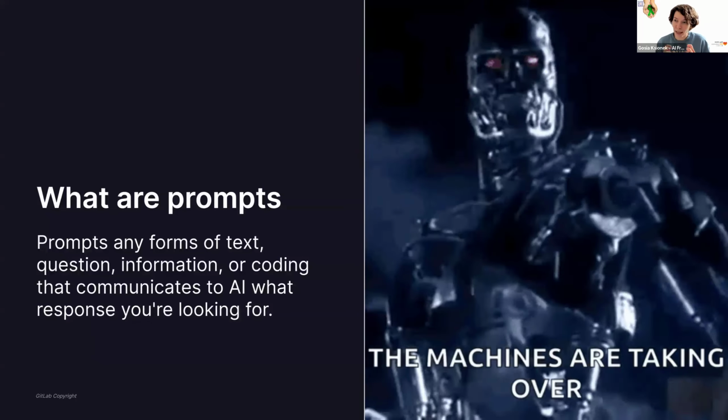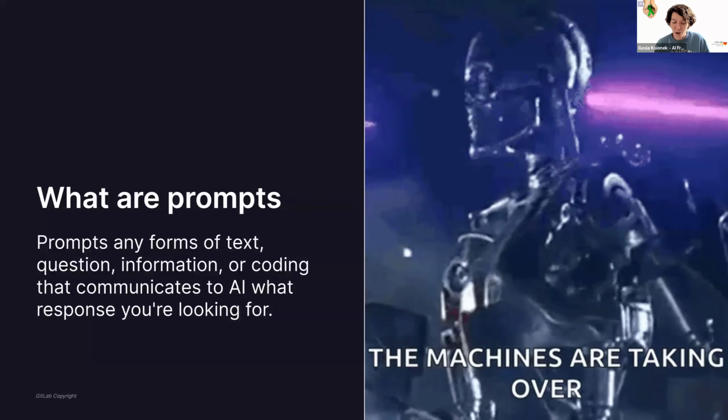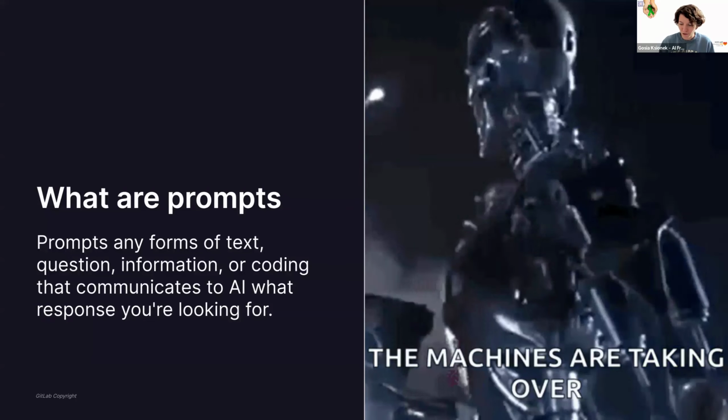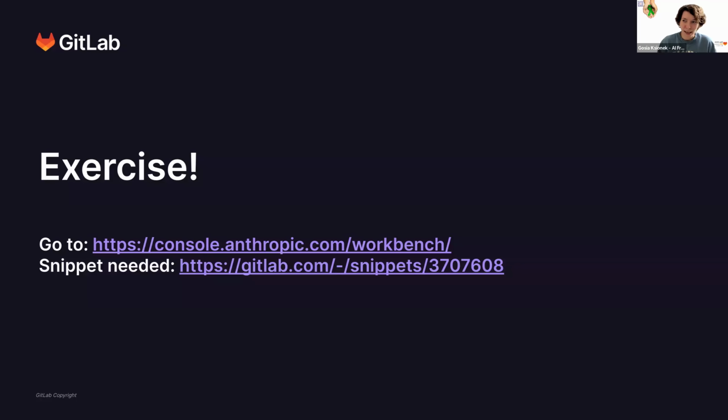To give you a taste of what it means to work with prompts, this is my exercise for you. I will time box it for 5 to 6 minutes. Here's the console in Anthropic. The slides are also linked in the agenda. The console lets you provide the prompt and run it very quickly to see if it works.